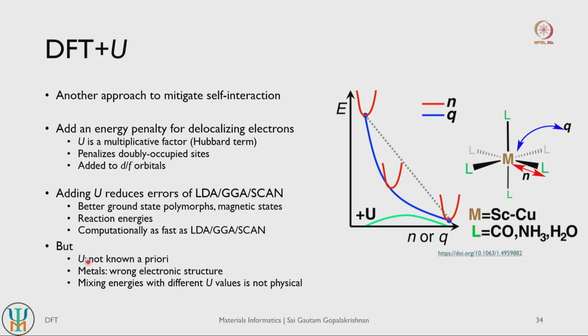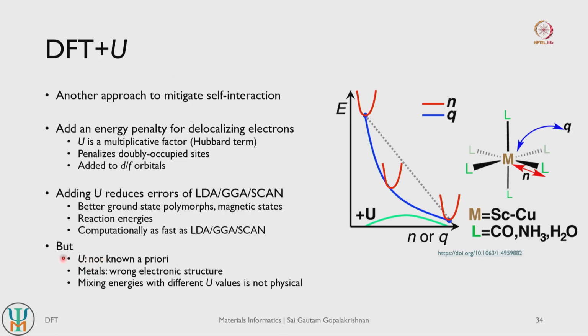So the value of U itself is not known a priori. This U is an energy penalty term, right. So how much penalty you give for delocalizing electrons actually depends on the transition metal itself. It depends on the orbital. It depends on how you are representing your wave functions. It can also depend on the oxidation state of your transition metal in a given system, right.